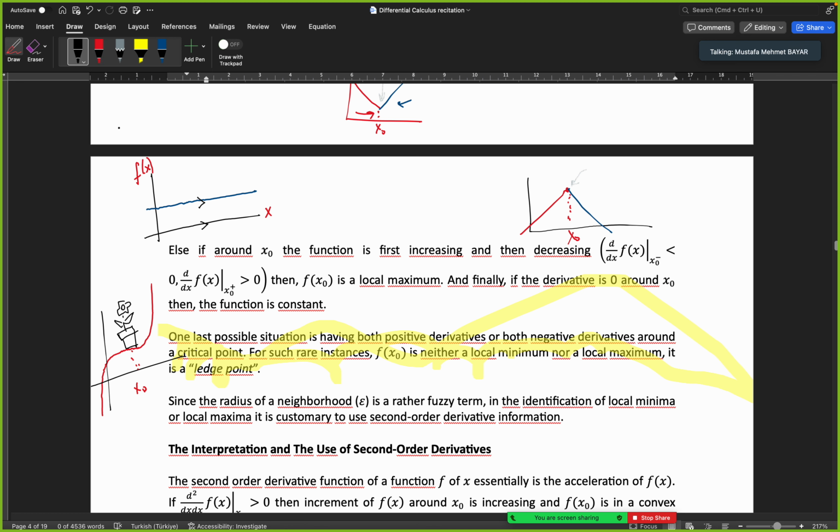At this point, the second order derivative is just zero everywhere, and the first order derivative is also zero. But this is not a ledge point. This is just a linear function. But weirdly, this is an inflection point by definition.